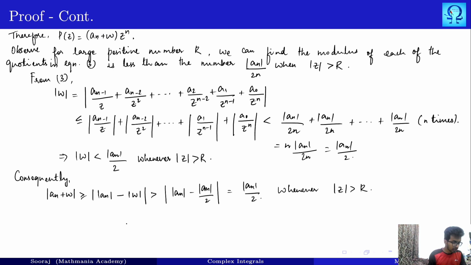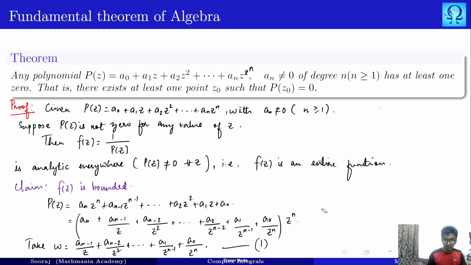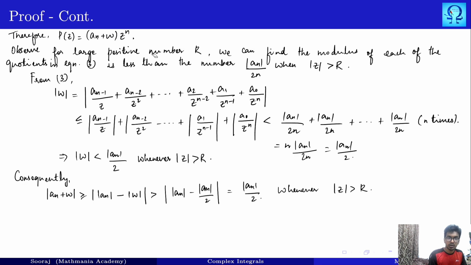Okay, so with the help of this, if we just take this one as equation 2, by equation 2 what we have is absolute of p of z equals absolute of an plus omega multiplied with absolute of z to the power n.